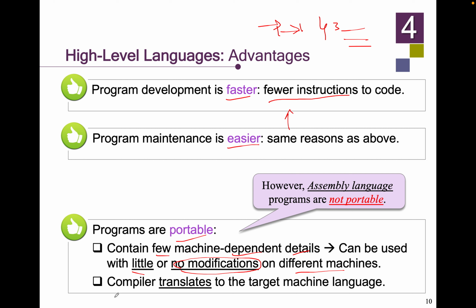The compiler translates to the target machine language. But compared to the assembly language, it is not portable. For different machines, mostly major modifications are needed.